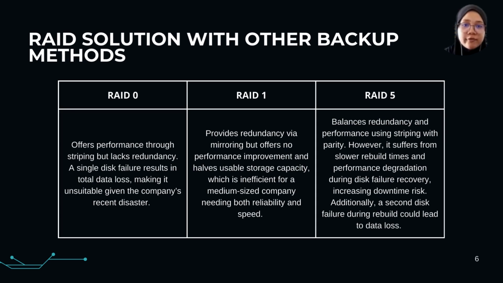RAID 5 balances redundancy and performance using striping with parity. However, it suffers from slower rebuild time and performance degradation during failure recovery, increasing downtime risk, and additionally, a second disk failure during rebuild could lead to data loss.